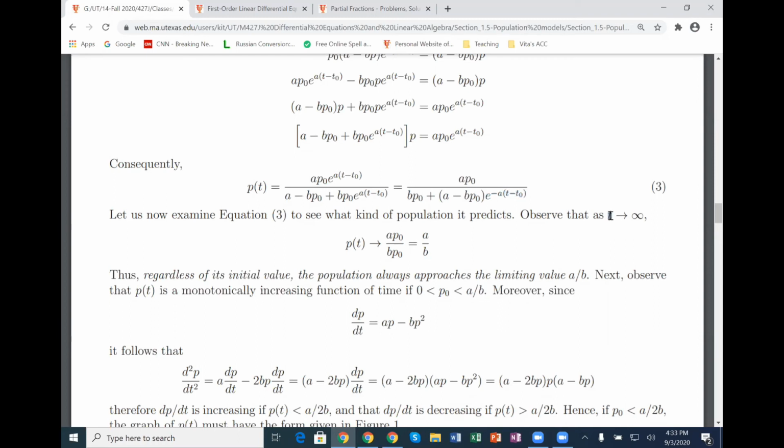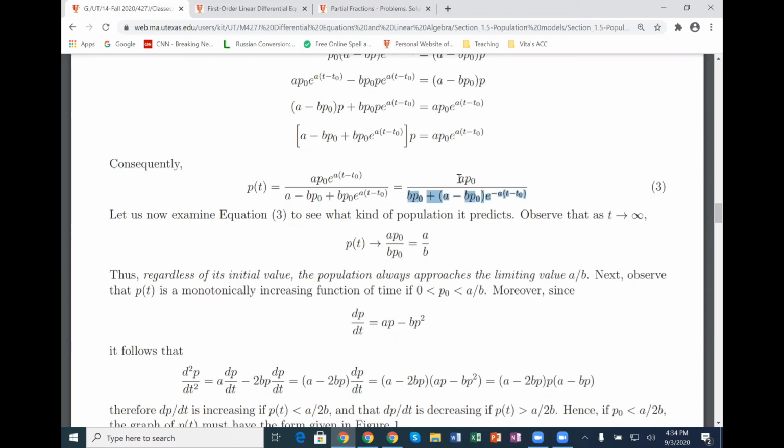So if t is increasing, since this is positive, the whole product becomes smaller and smaller. Therefore, the whole denominator becomes smaller and smaller.